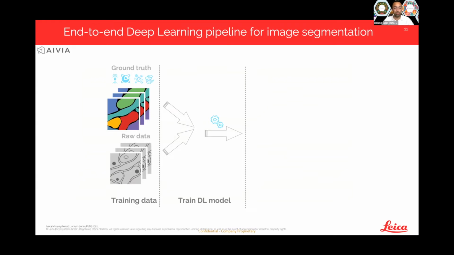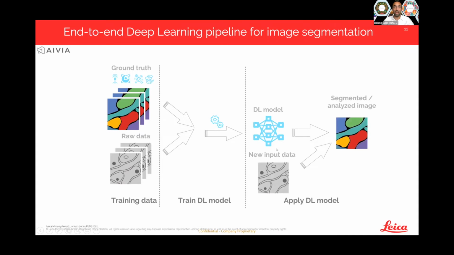UNet is definitely one of them, but we use a few others that we like. These models can then create essentially another channel, a confidence map channel that is applied on the raw data, and that confidence map can then be converted to segmentation maps and into beautiful 3D reconstructions like what was shown in the previous presentation.